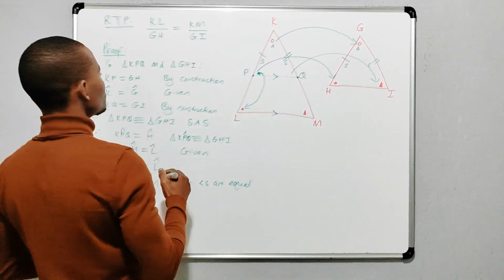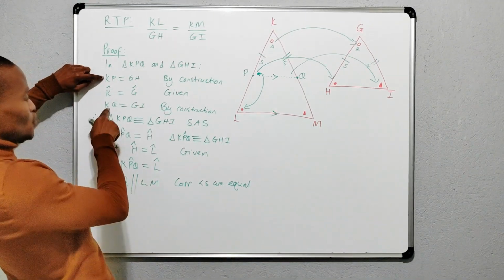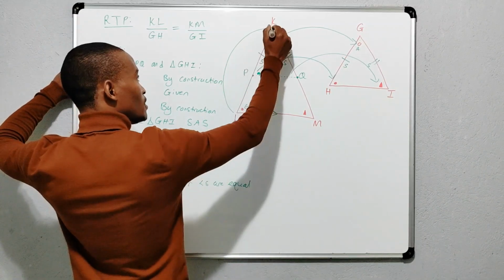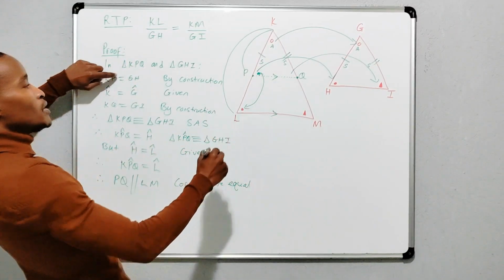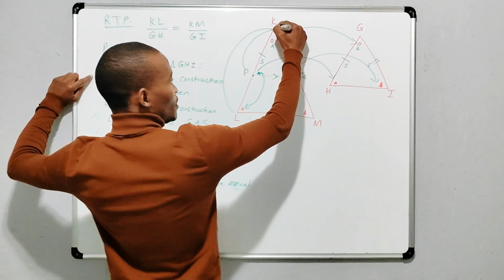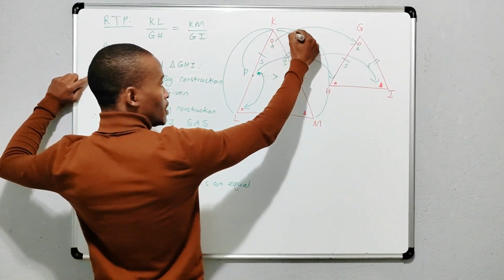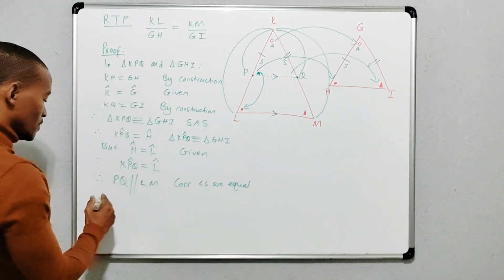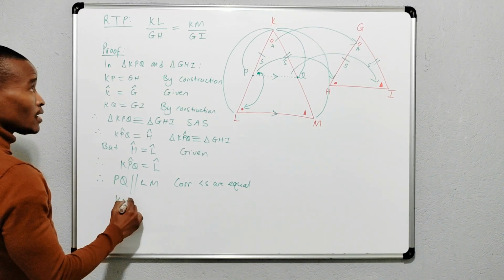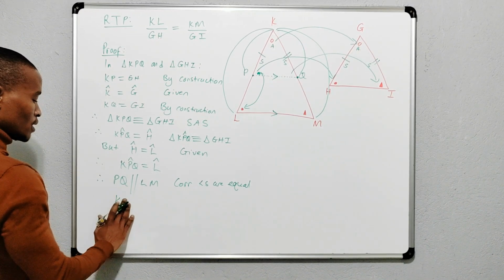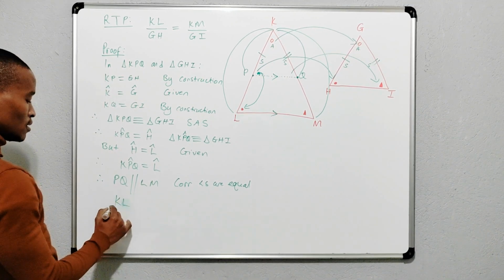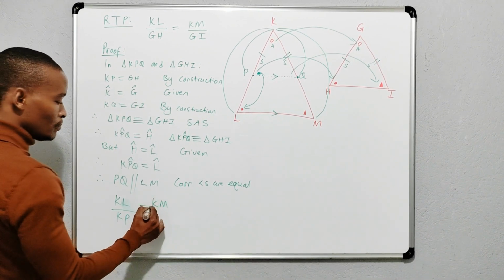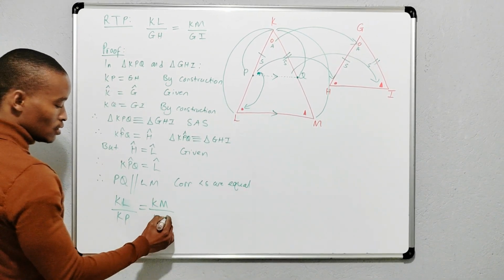That is what we want to do. So KL over KP is equal to KM over KQ.